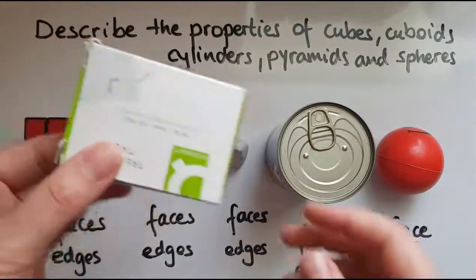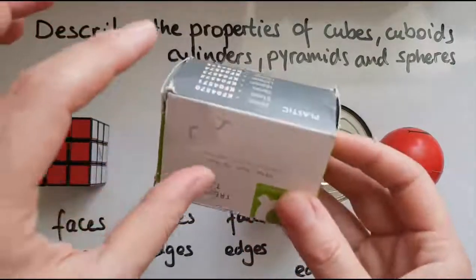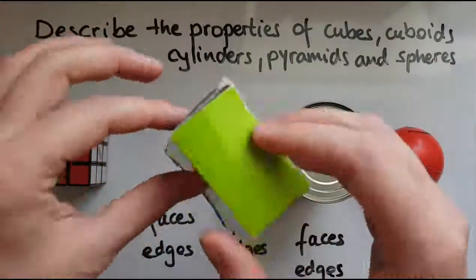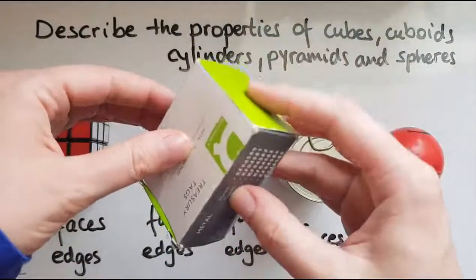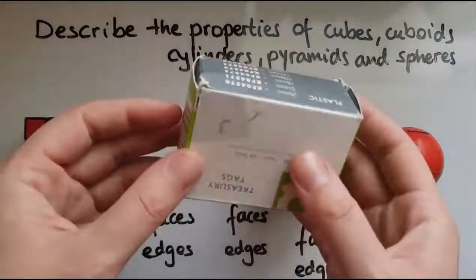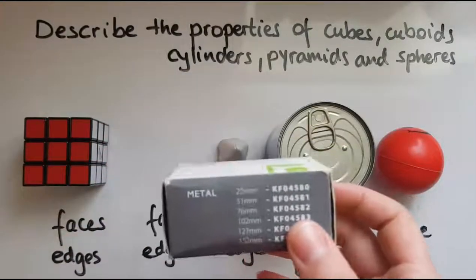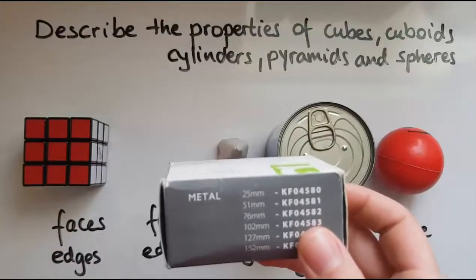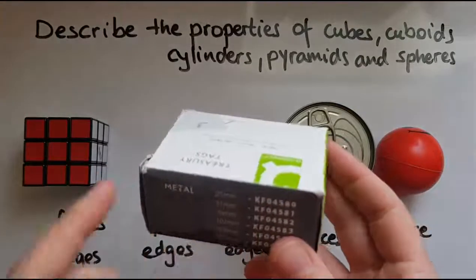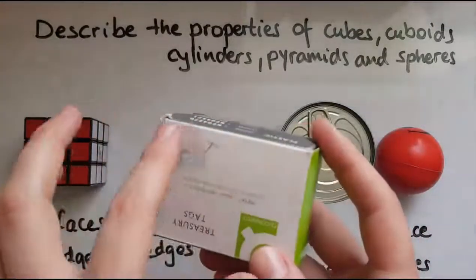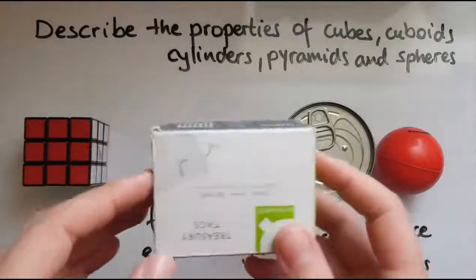What about a cuboid? Is it the same? So we've got 1, 2, 3, 4, 5, 6. So it's exactly the same, because cube and cuboid are very similar shapes. The only thing that changes is the length of some of the sides.